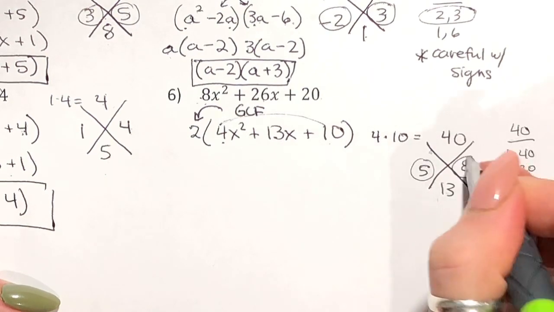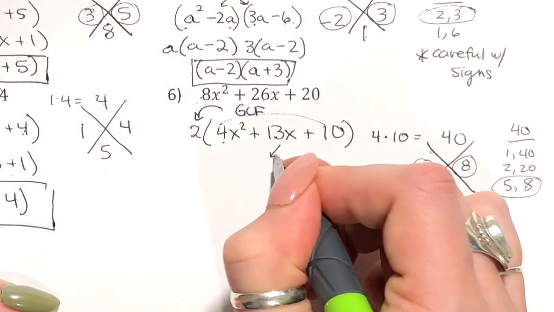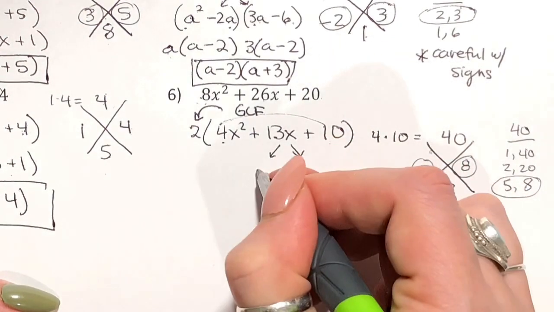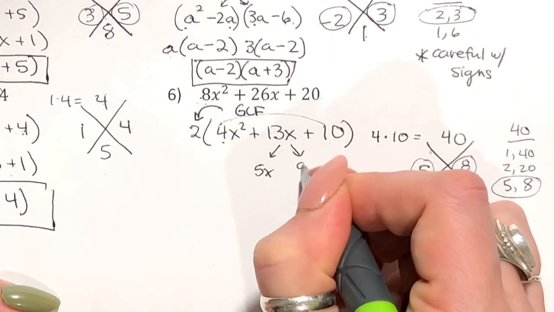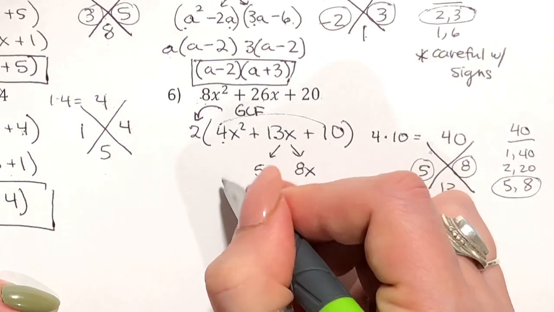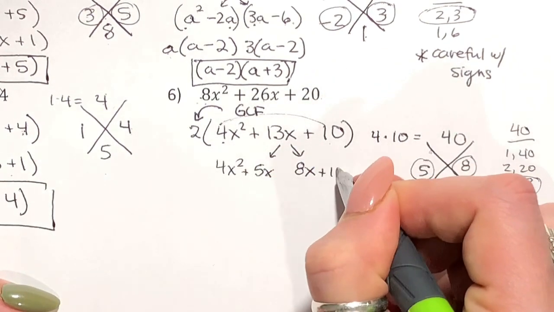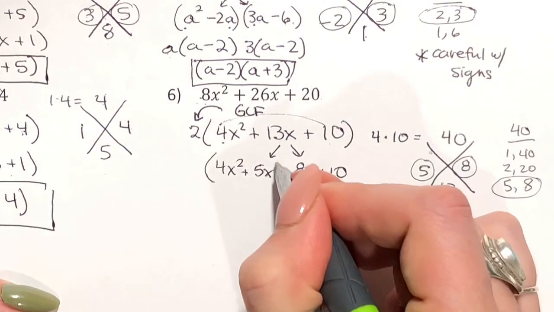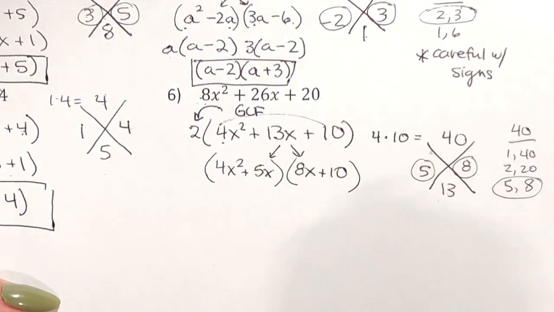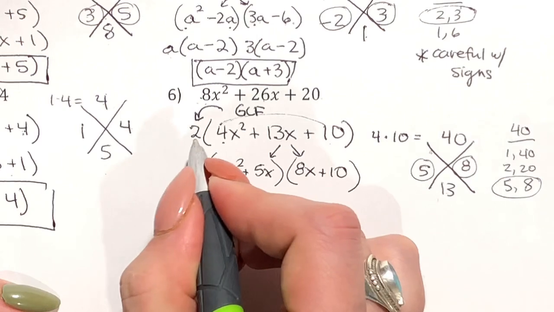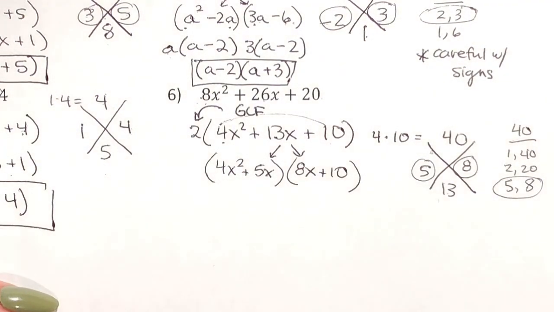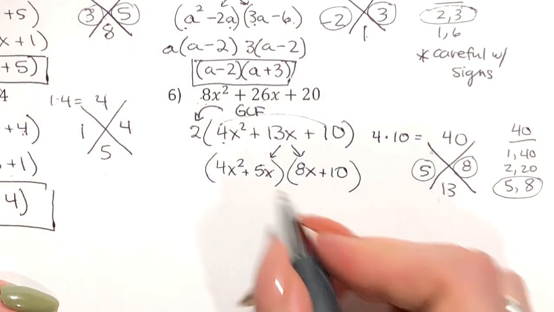So we're going to take those 2 numbers. And then we're going to split the 13x to be a 5x and an 8x. And keep your 4x squared in the front and the plus 10 in the back. And then we have our 2 groups of 2. But also, don't forget we have this 2 up here. I'm going to ignore it for now, but we're going to need it when we write our final answer.